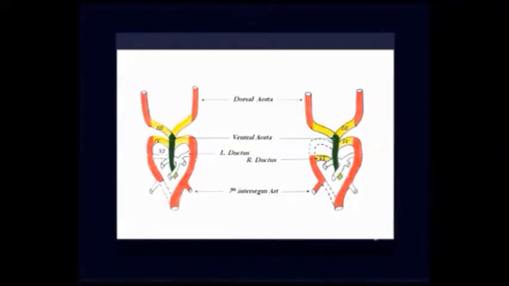Here you get involution of the dorsal aorta, the right fourth arch and dorsal aorta between the fourth and sixth arches, and the dorsal aorta distal to the seventh intersegmental artery. Seventh intersegmental artery gives rise to the subclavian, together with retention of the right sixth arch, which persists as the ductus arteriosus and connects the subclavian artery to the pulmonary artery.